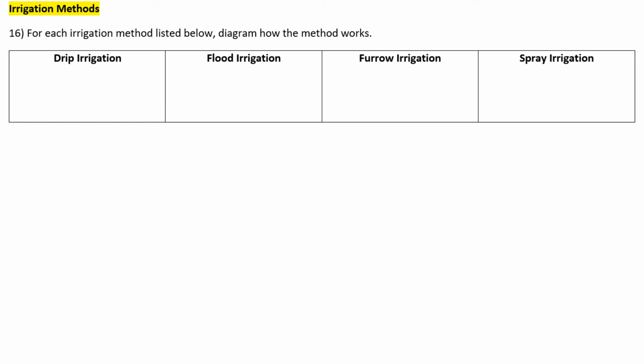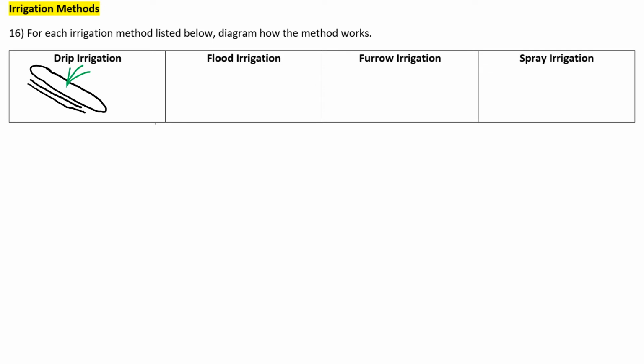For each irrigation method listed below, diagram how the method works. So I'm going to draw this pipe here, and then right next to it is the plot, and I'm going to draw the plant here.